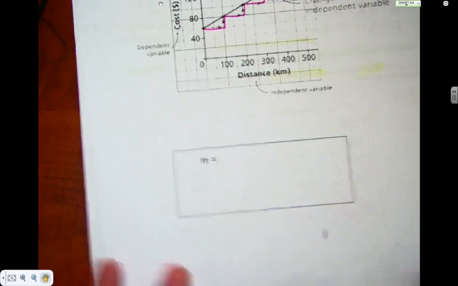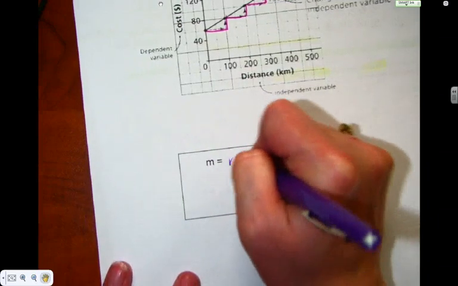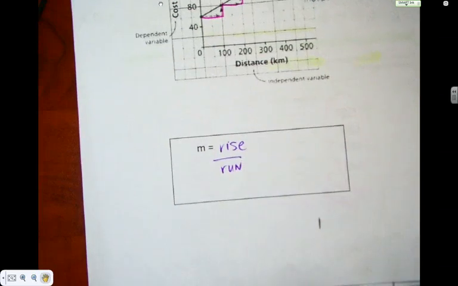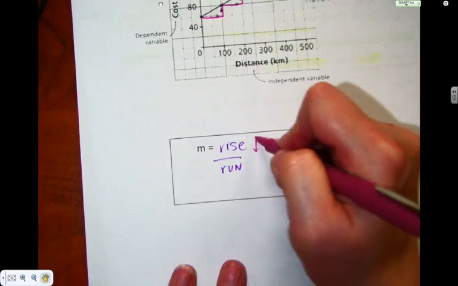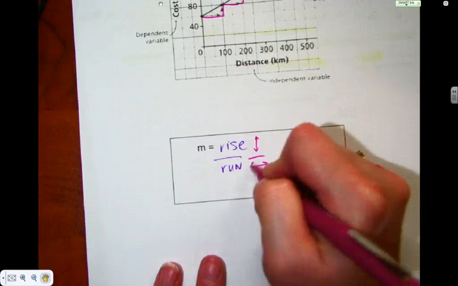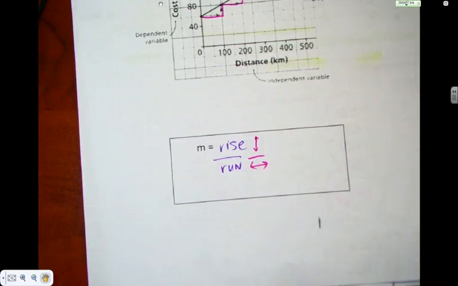And so what M is equal to is the rise between 2 points divided by the run. Rise over run. You're going to hear that a million times over the next 2 units. And what that means is the amount that we went up and down, because that's rise is when you go up, divided by the amount we went side to side, which is run. Run is horizontal, rise is vertical.